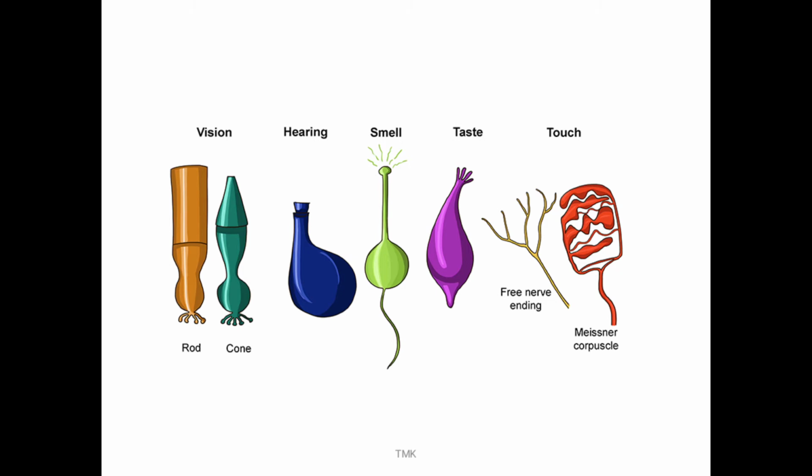Here we can see the sensory receptors present in the eyes, rod cell and cone cell, sensory receptors for hearing, for smell, for taste and for touch. These are all examples of exteroreceptors.